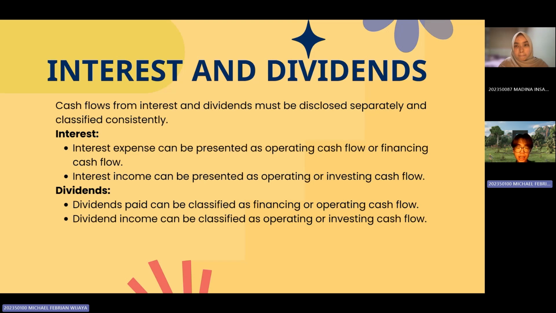Dividends paid can be classified as financing or operating cash flow, and dividend income can be classified as operating or investing cash flow. Entities should apply a consistent classification policy for interest and dividends to enhance comparability between periods, in accordance with PSAK 2 paragraphs 33 until 34.